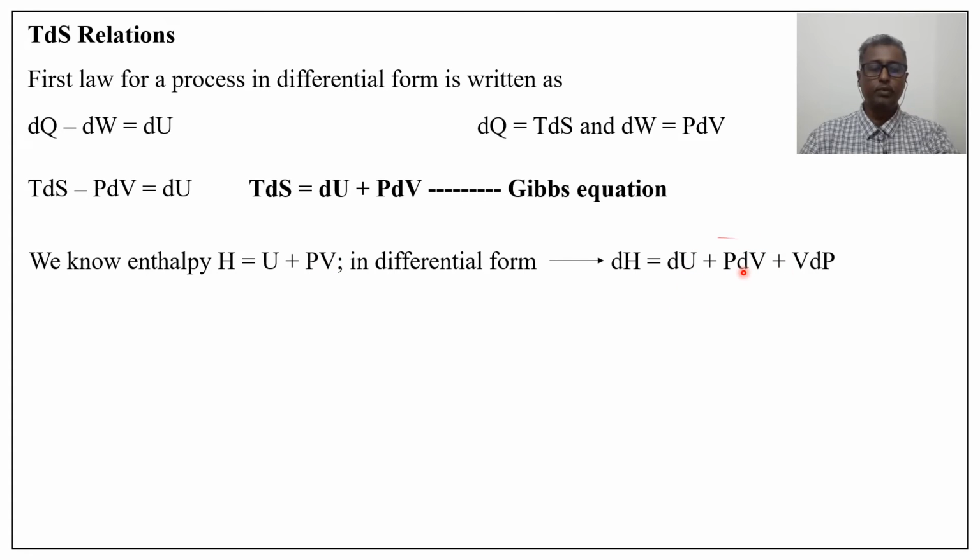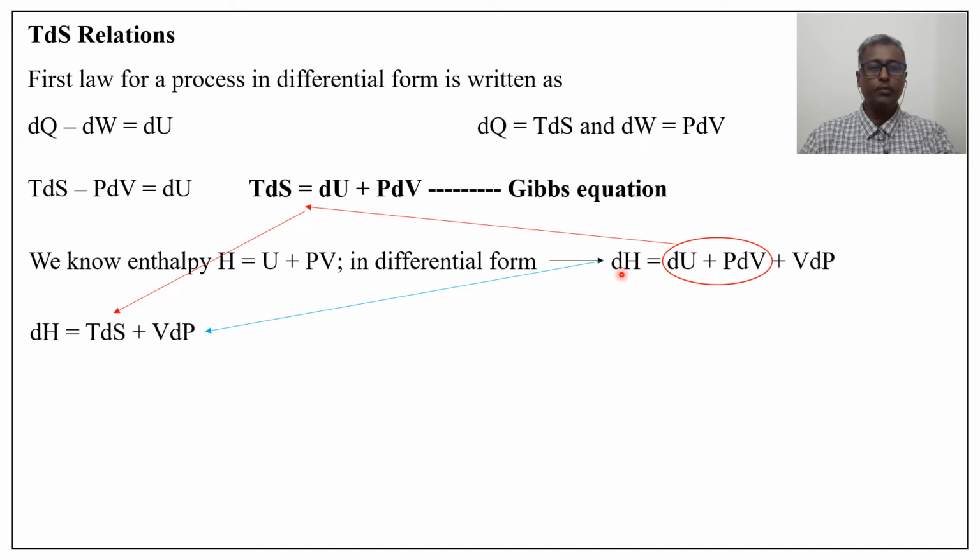Instead of dU plus PdV, we can substitute TdS, because TdS equals dU plus PdV. Therefore, dH can be written as dH is equal to TdS plus VdP. This can be rearranged to give TdS is equal to dH minus VdP.